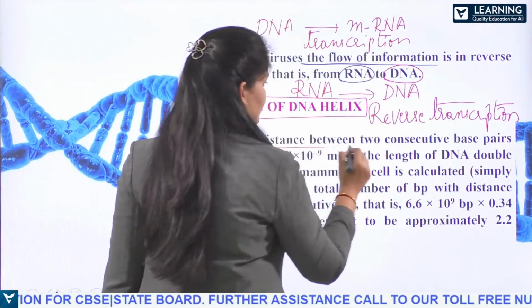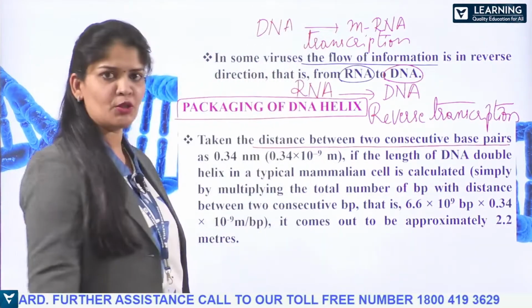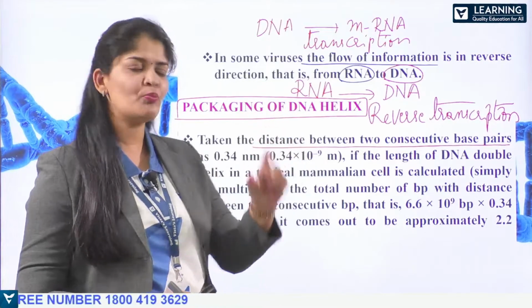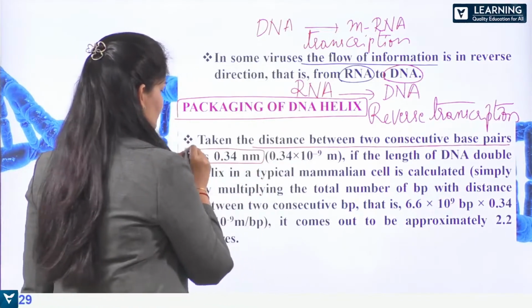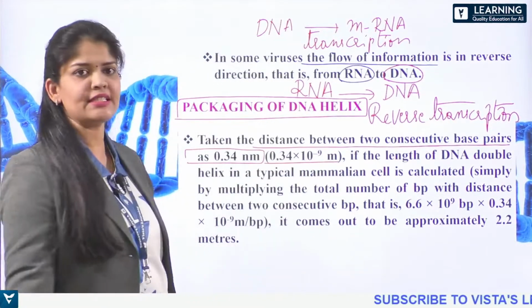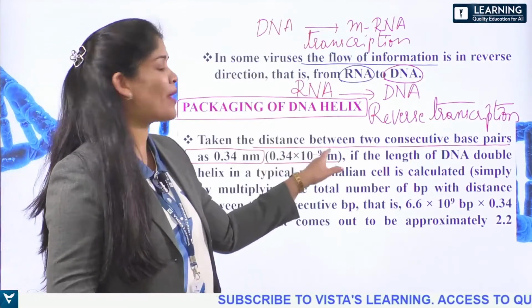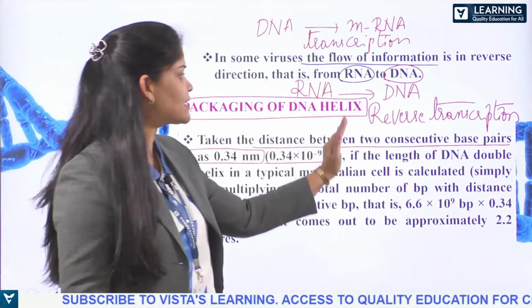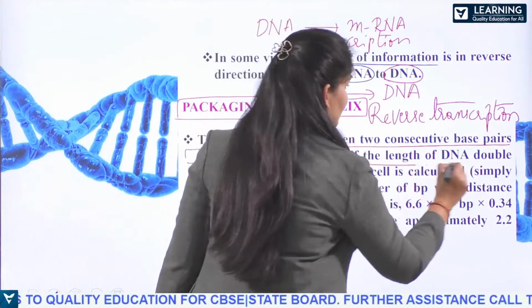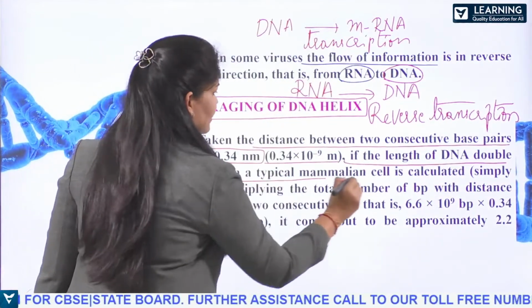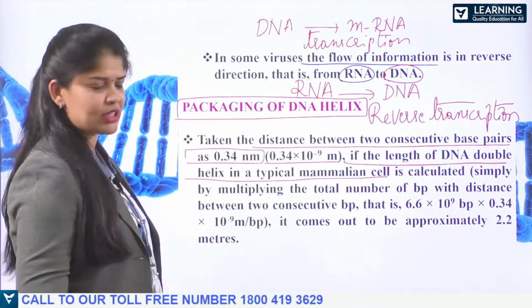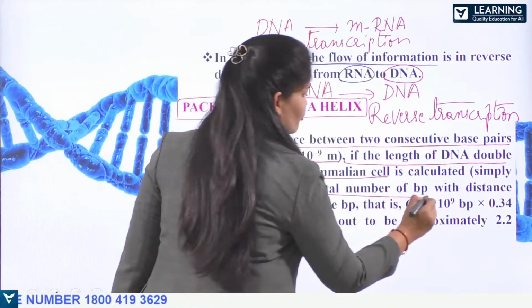Now, packaging of the helical DNA. Take the distance between two consecutive base pairs. What is the distance between the two base pairs? That we already know: 0.34 nanometers. Expressed in meters, that is 0.34 times 10 to the power of minus 9 meters. This is the distance between two successive base pairs. So if the length of the DNA double helix in a typical mammalian cell, a human cell, is to be calculated, we simply multiply by the total number of base pairs.